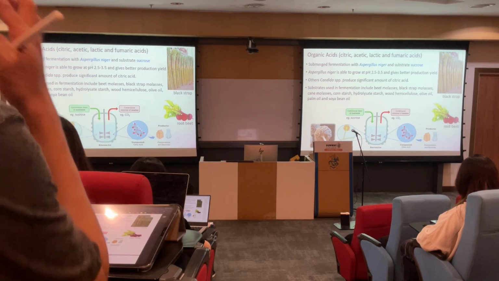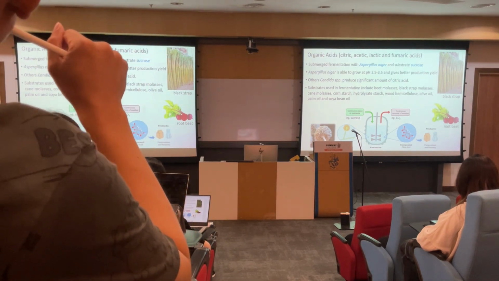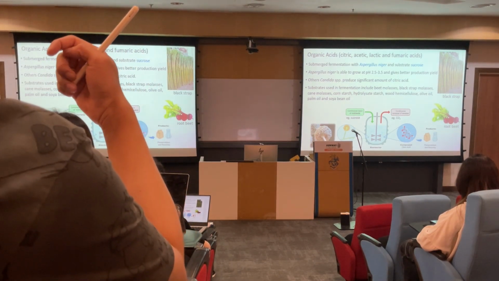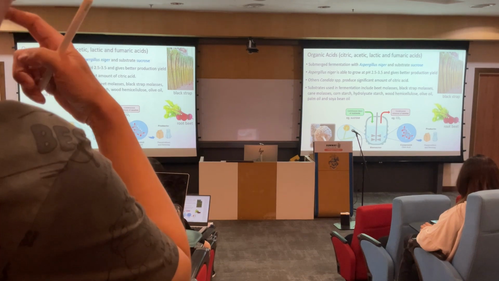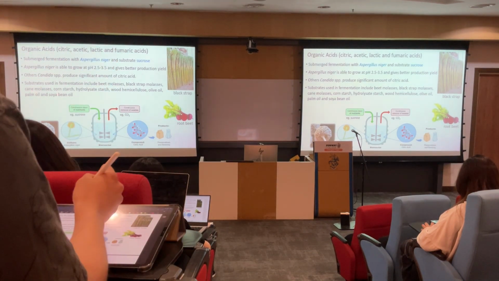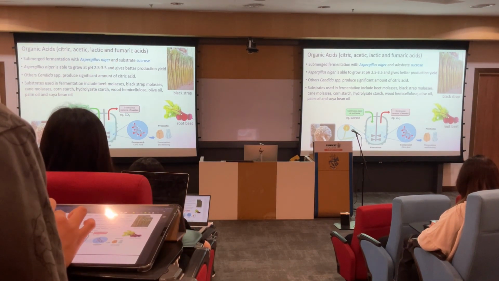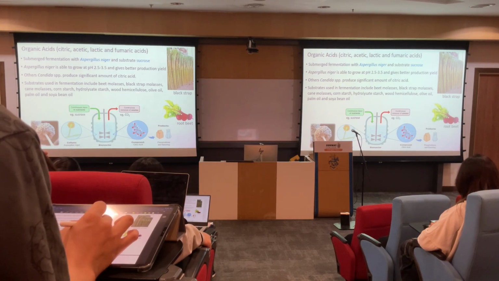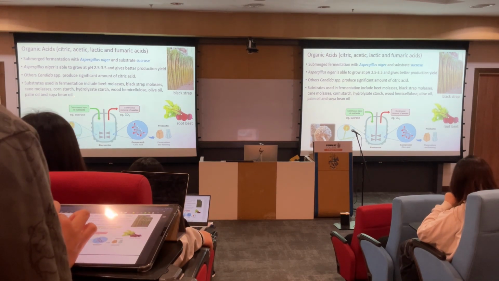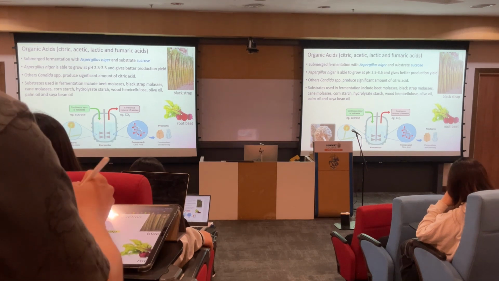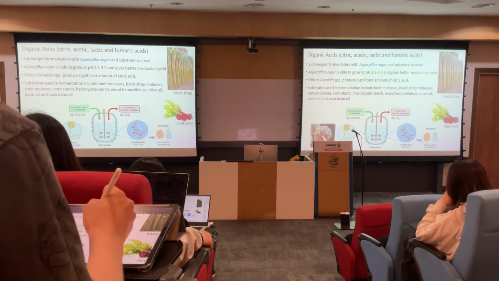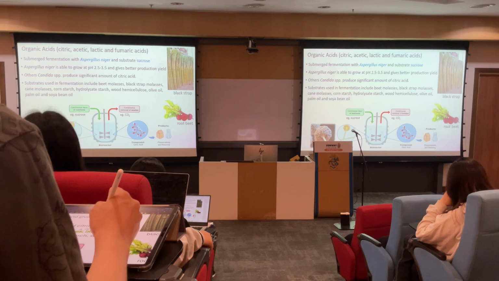And you're adding the nutrient, which is sucrose here. Where do you get the sucrose? You can get the sucrose as a substrate from beet molasses, black strap molasses, or all kinds of molasses, meaning extract from sugarcane, cornstarch and hydrolyzed starch, wood, heavy cellulose, olive oil, palm oil, soybean oil. All of these can eventually convert into glucose and then into citric acid, undergoing fermentation inside here.